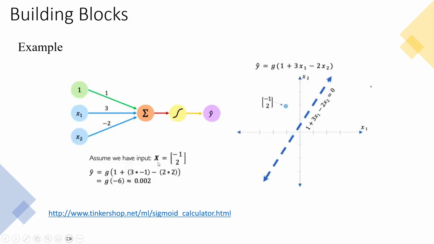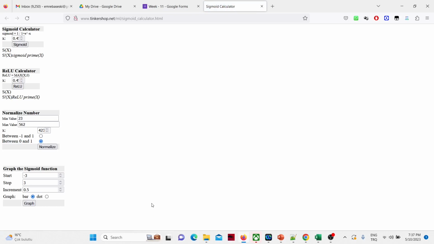If you put this point into the equation, for now just neglect g, we have minus 6 here. And since g will be the sigmoid function, we will have 0.002. Now you can use this online calculator if you would like to.